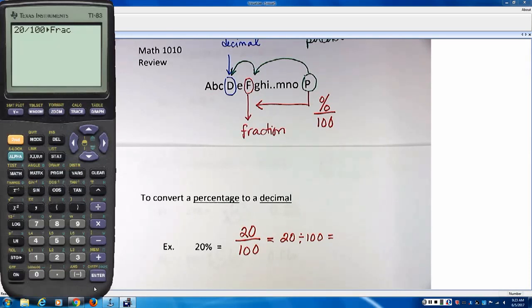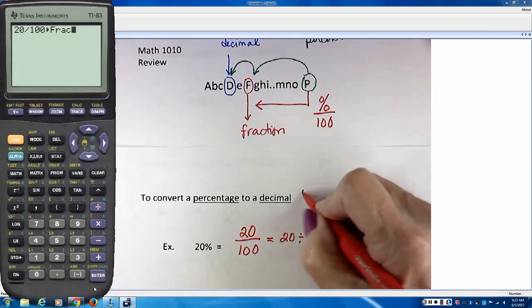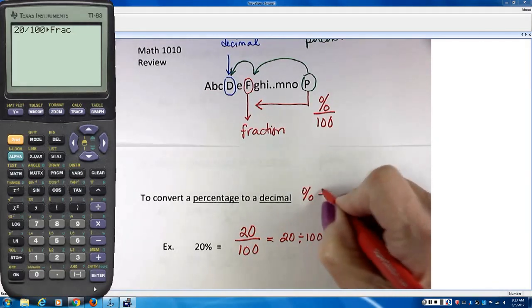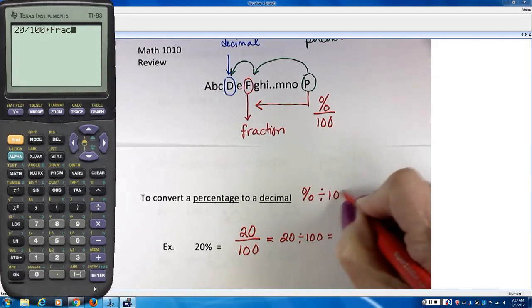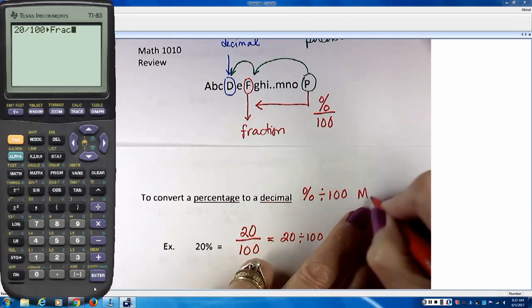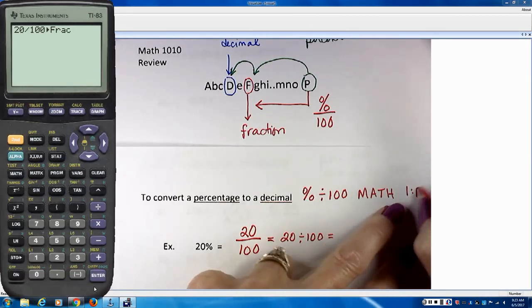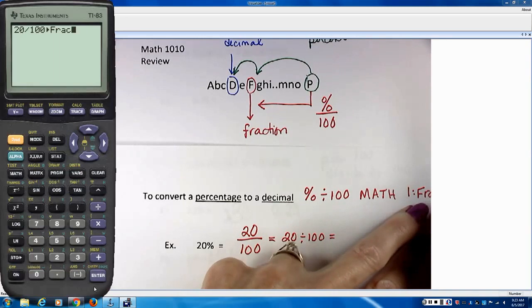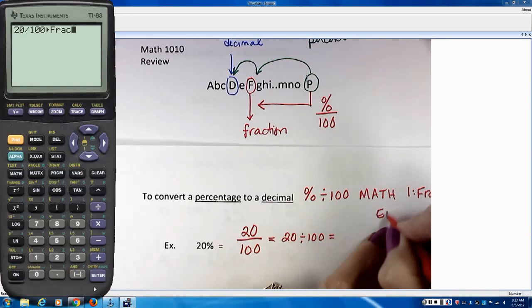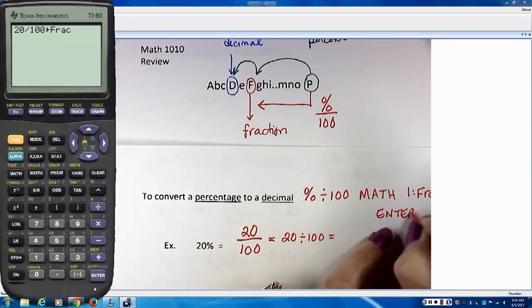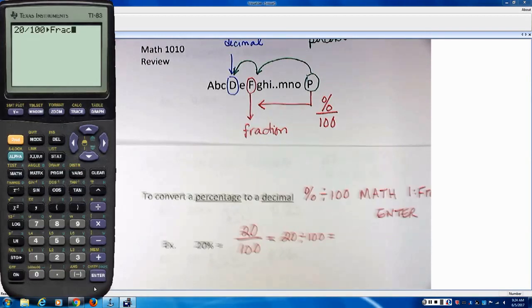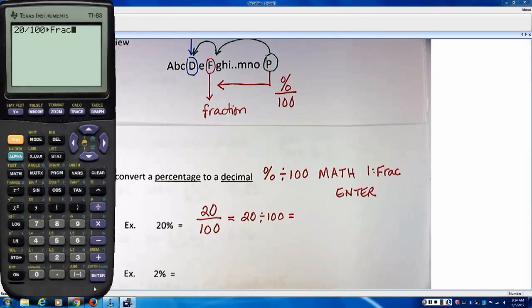You choose that one. And it changes it to the correct fraction, which is 1/5.